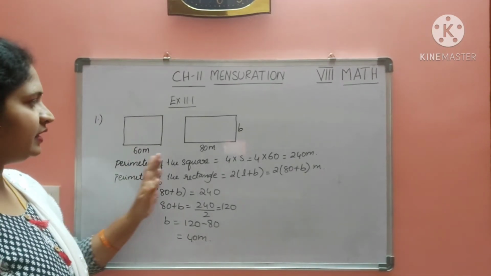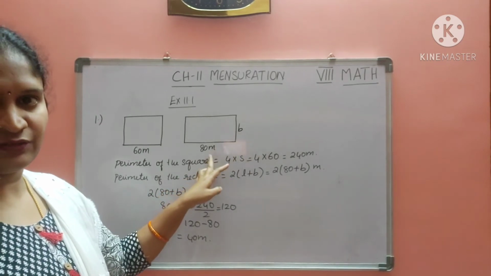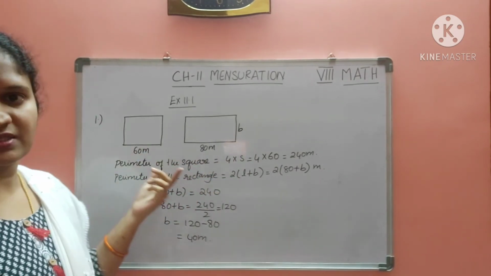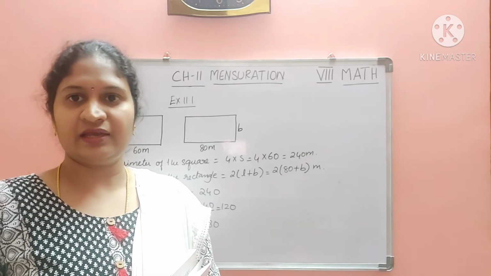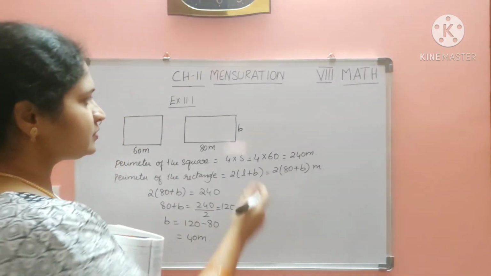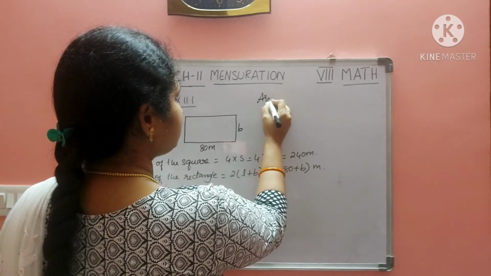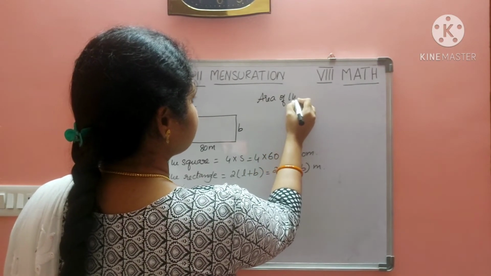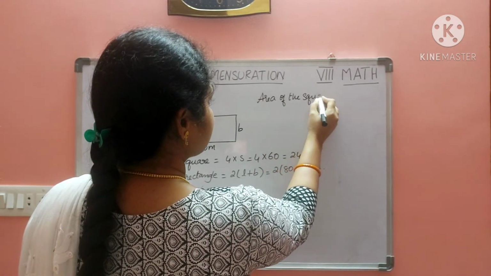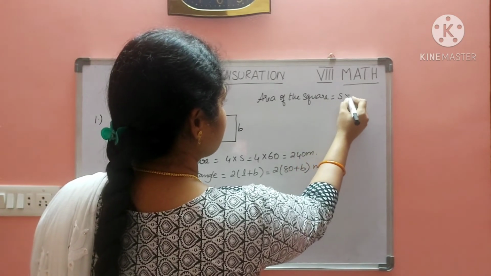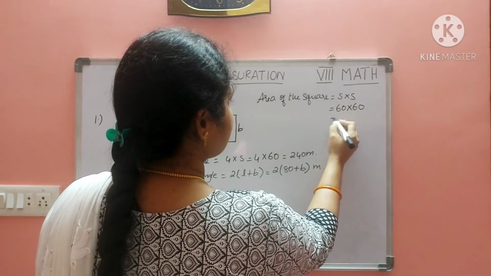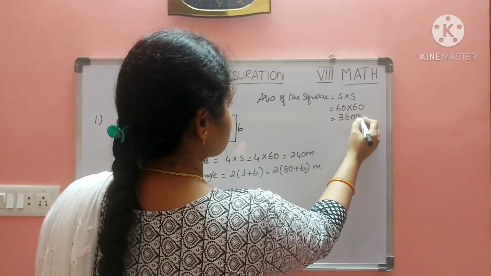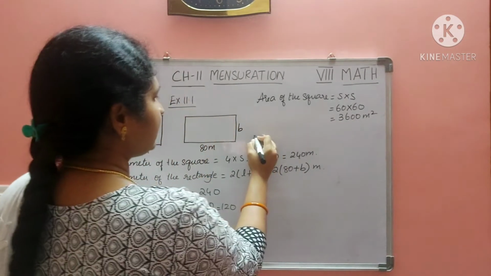Now children, we have the breadth and length of the rectangle and the side of the square, so we can find the area of the square and the area of the rectangle. Area of the square is S into S, which is 60 into 60, which is 3600 meter square.